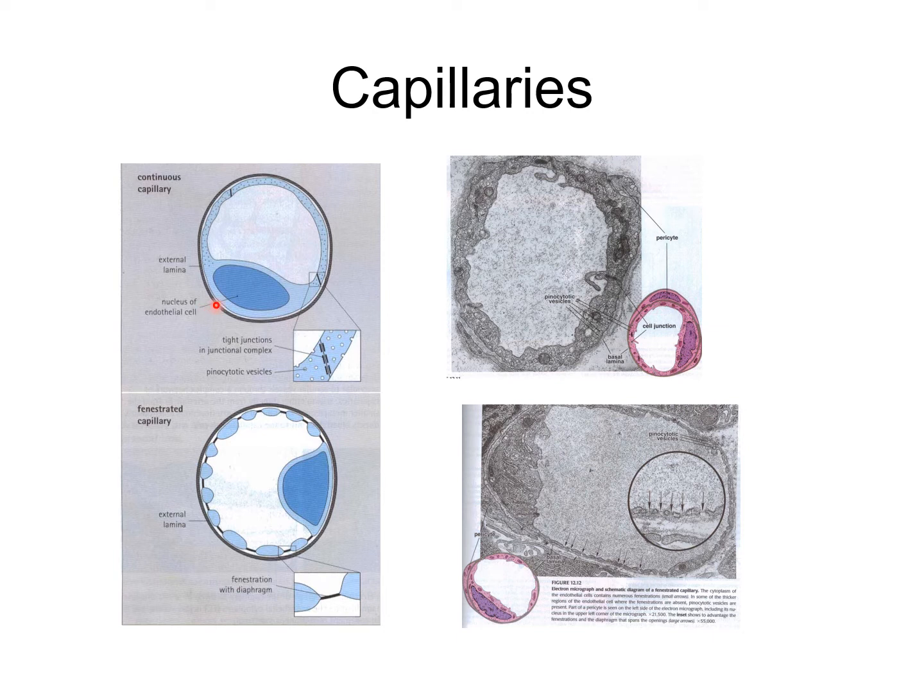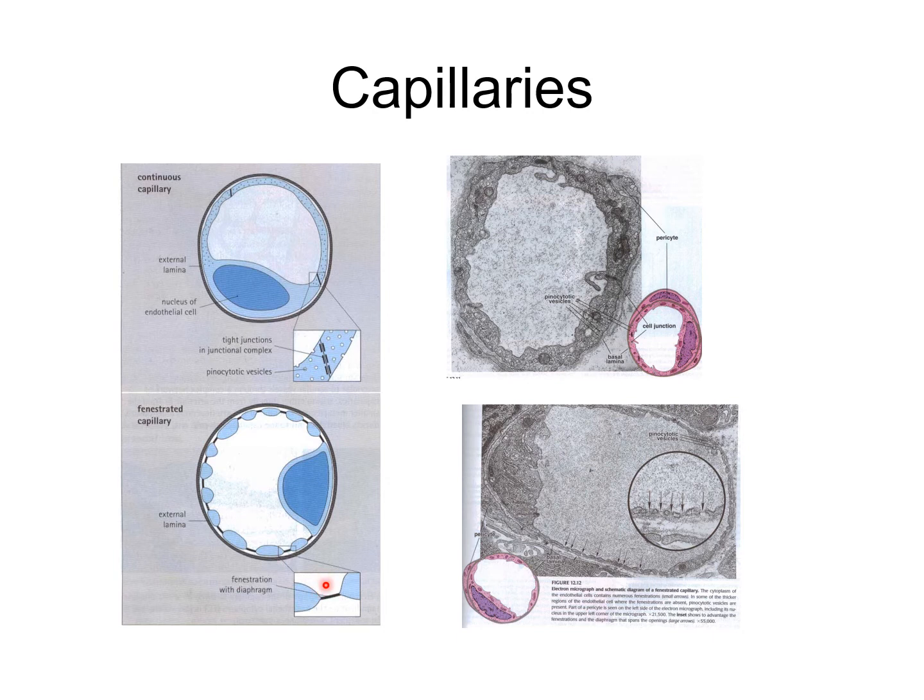Here are the examples of the continuous capillaries. So this black line is representing the basement membrane, and this bluish area is representing the cytoplasm of the endothelium. In case of the fenestrated capillaries, the plasma membrane of the apical side and the basement membrane come together, and there is a diaphragm.